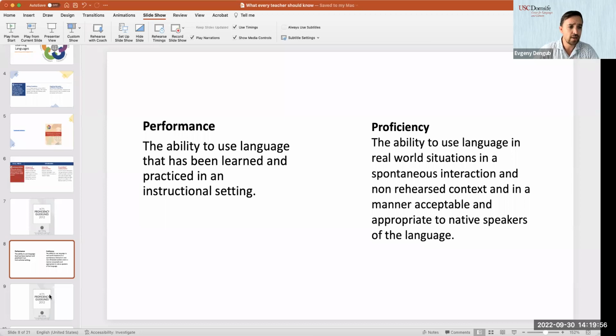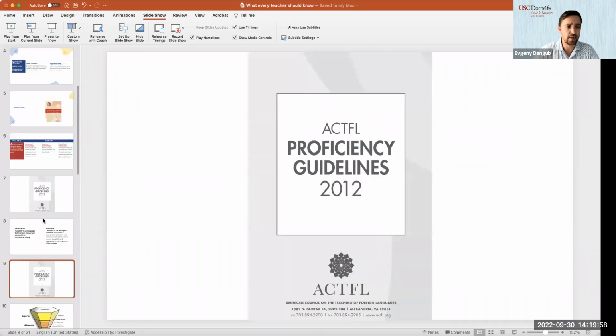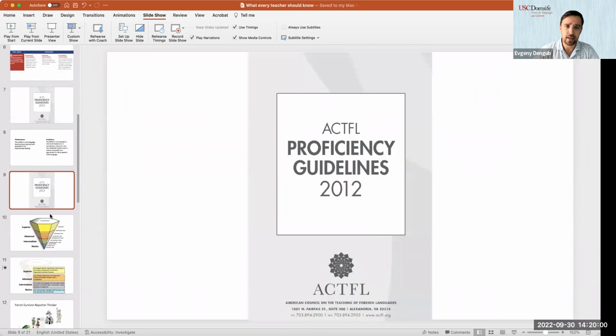All right, so let's go back to the actual proficiency guidelines. Again, I highly recommend that you read those guidelines. They're available in English and in translation into many different languages. The actual website has examples of the different proficiency levels, videos and audio recordings.